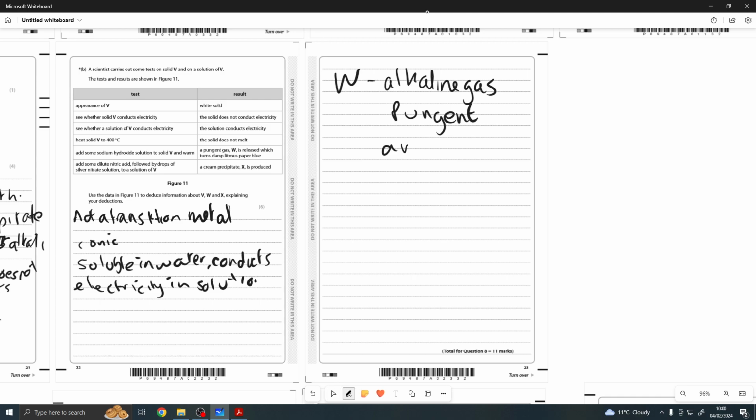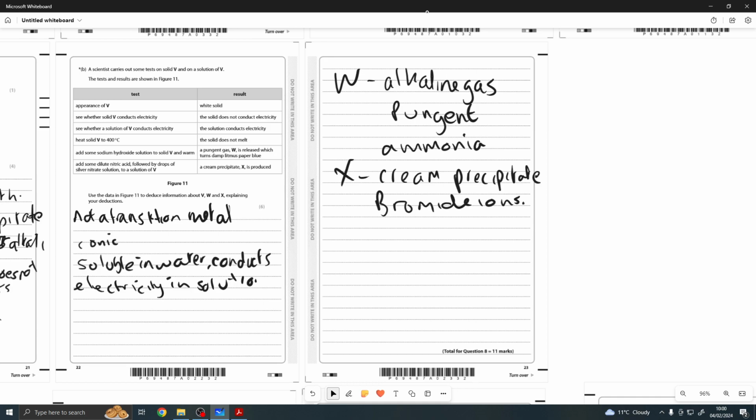That means it's ammonia, because that's our gas test for ammonia. Now X: we've got a cream precipitate with our acidified silver nitrate, and therefore we've got bromide ions.